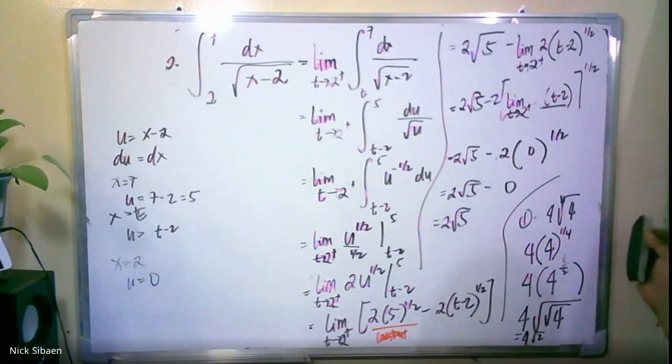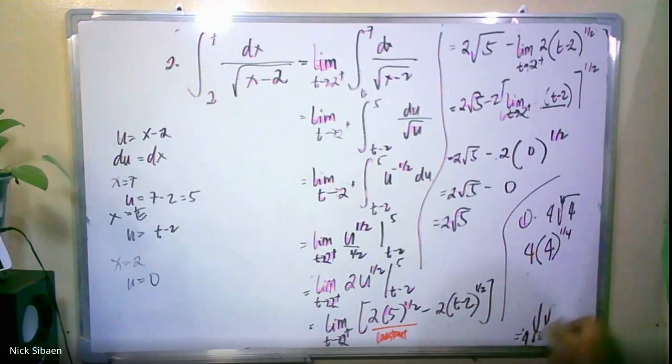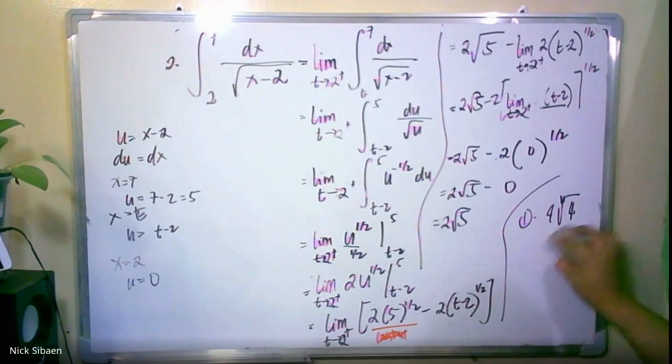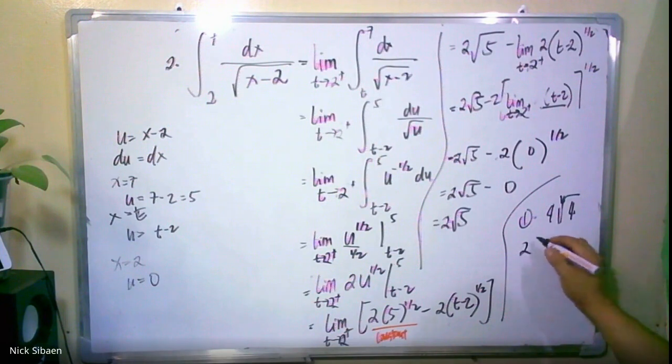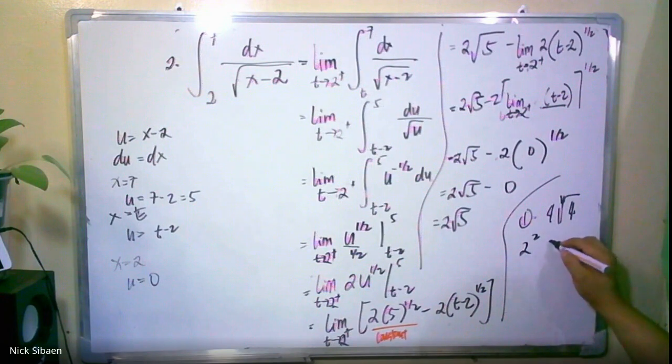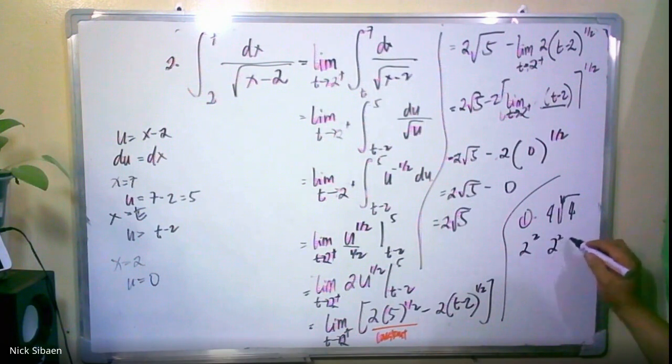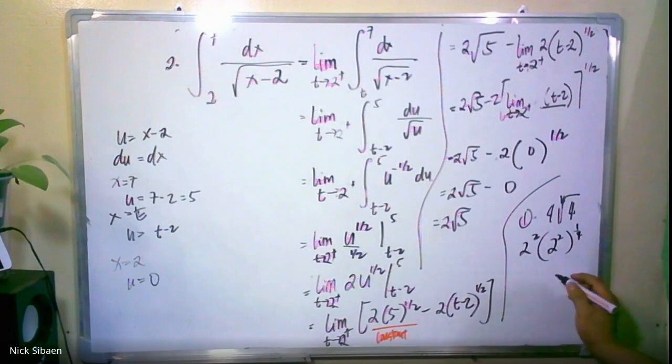Kaya 4, hindi siya ganyan. Dapat plus 2 raised to 2 pa rin siya. 1/4. 2.